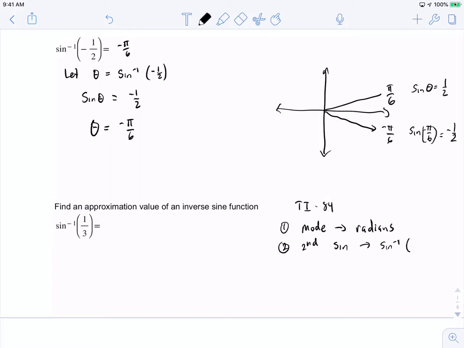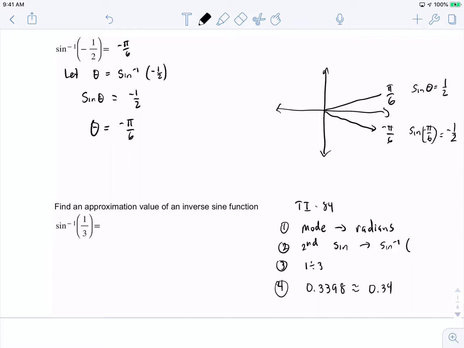This is what you should see on the calculator. And then you'll type in 1 divided by 3, and that should give you 0.3398, which is approximately 0.34.